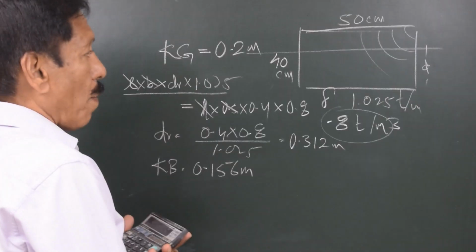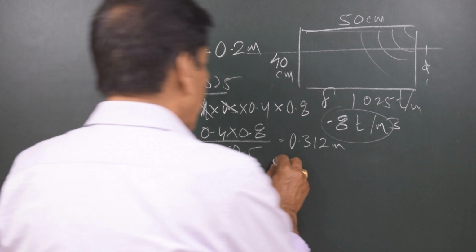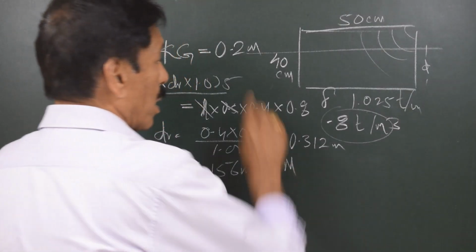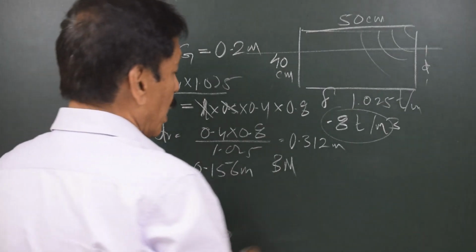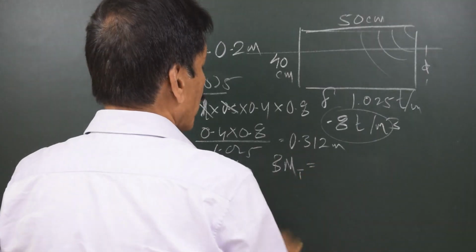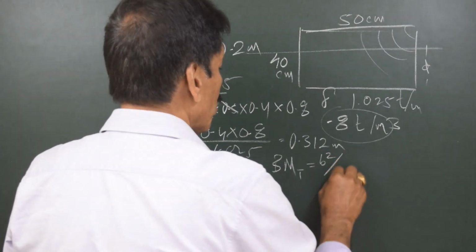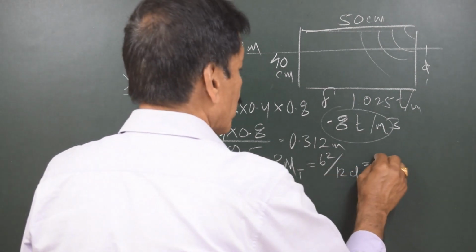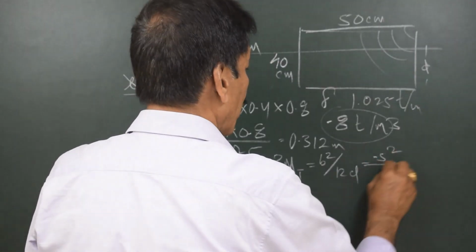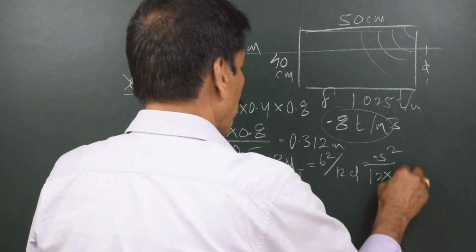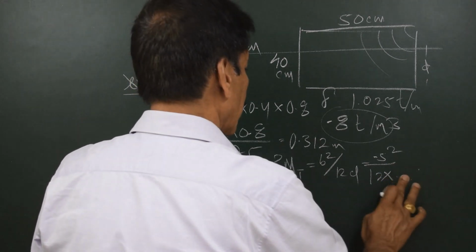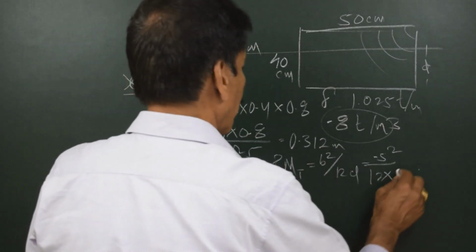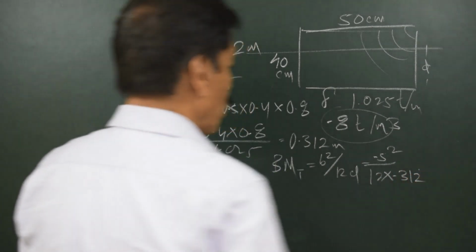What is the BM? BM transverse for a cross-sectional area like this is equal to B square upon 12D. Now B square upon 12D means 0.5 square upon 12 into D, where D is 0.312.